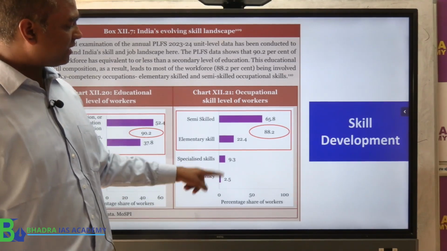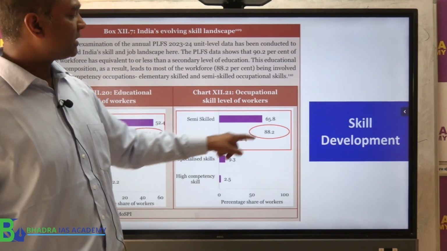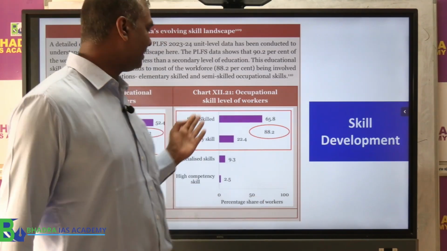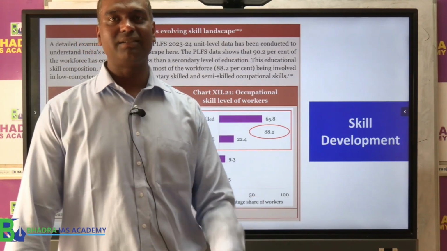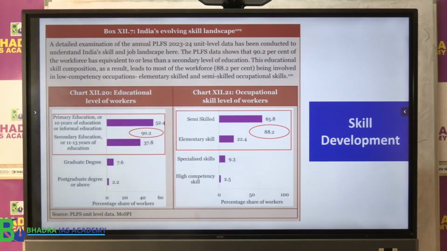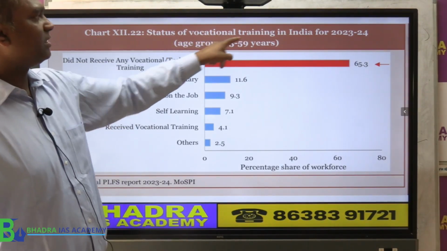Skilled jobs are taken by a very small percentage, hardly 11%, while 88% are in elementary or semi-skilled jobs. So that has become a challenge for people to have skill development to get employment. This shows the status of vocational training in India.